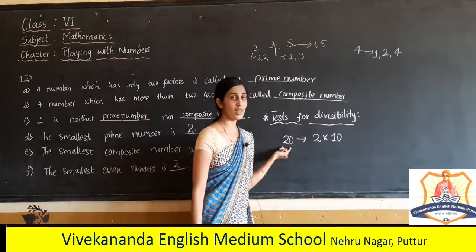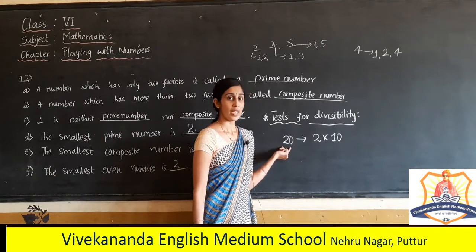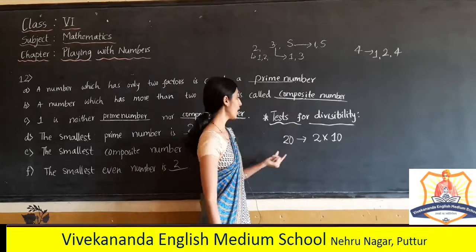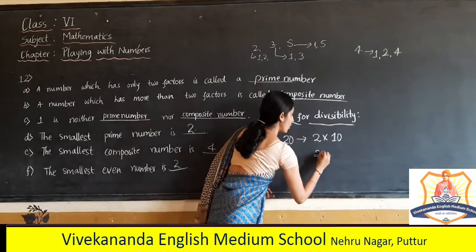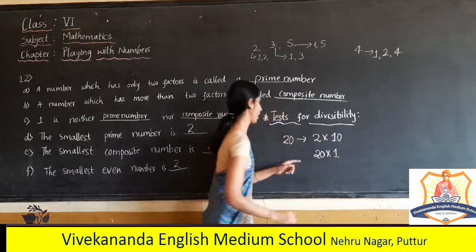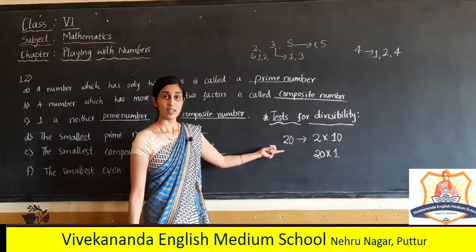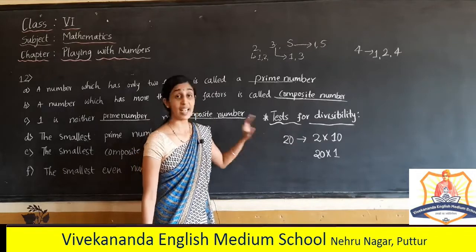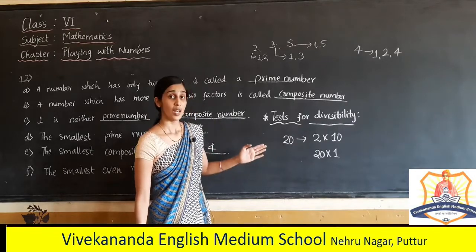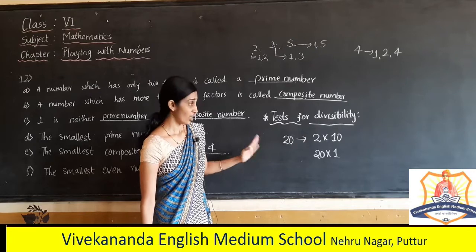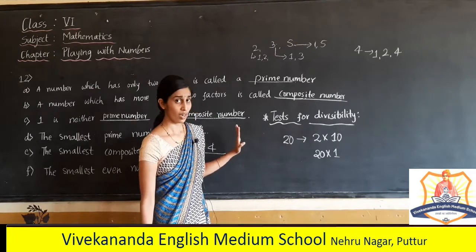Which is the other number? 1 twenty is 20. Okay. Is there any other number which has 20 as its multiple? Can I go for 3? No. 4?